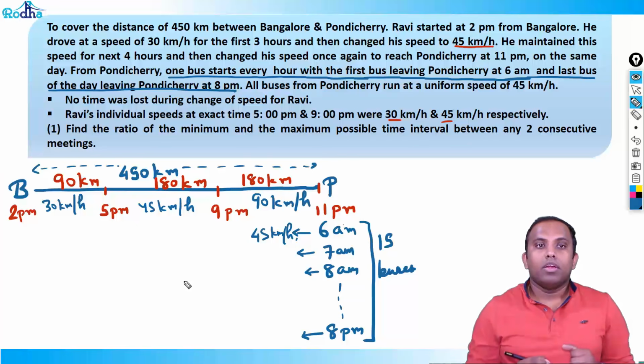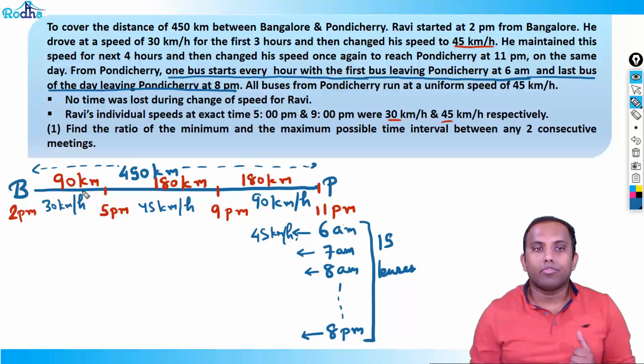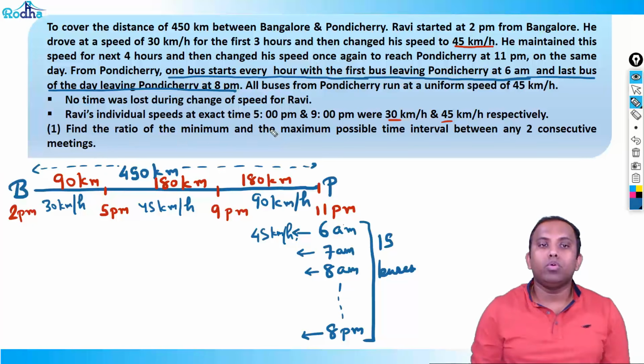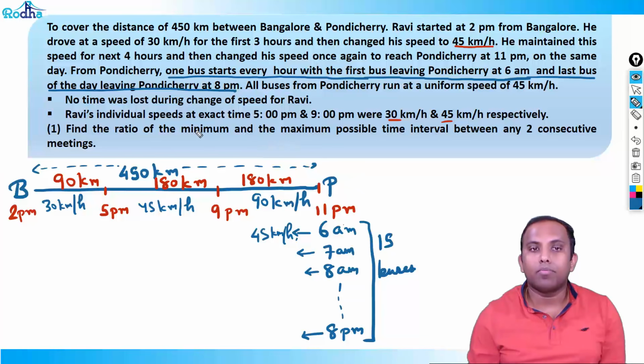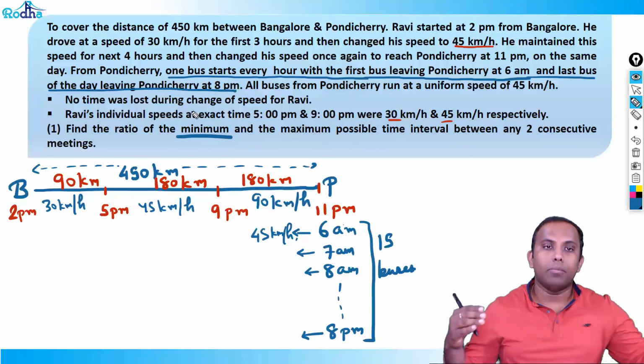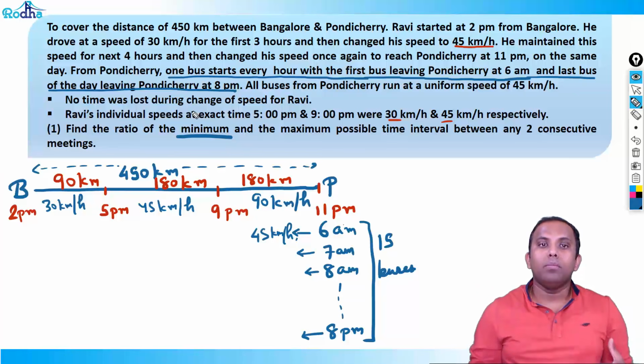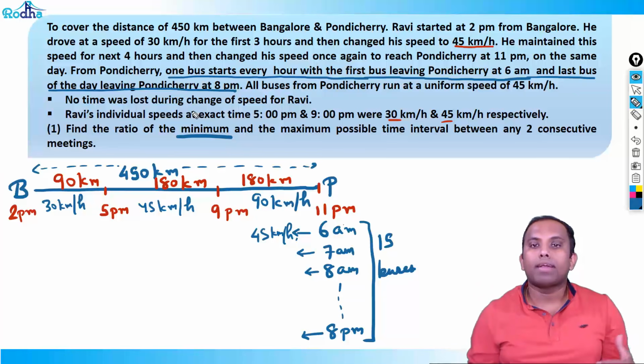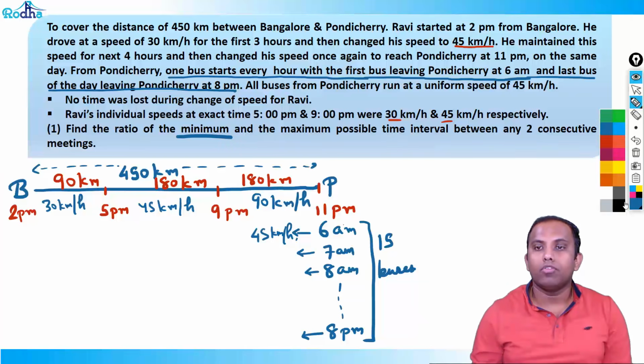Now we have to find the ratio of the minimum and the maximum possible time interval between any two consecutive meetings. The buses will meet the car.